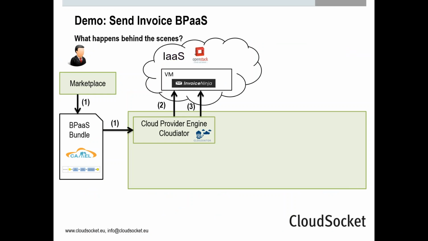Currently all the required software for installing the Invoice Ninja is set up. So the lifecycle engine is installed on the virtual machine, the Docker containers are spawned, and the required dependencies for the Invoice Ninja, for example the Apache web server and some additional third-party dependencies, are installed on this virtual machine.